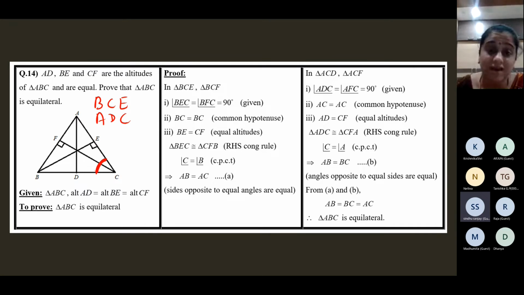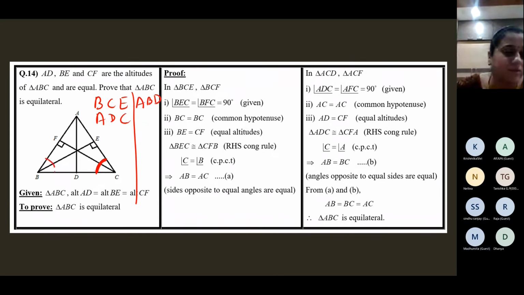Yes, ma'am. Yeah, it's also in triangle ADC. Where is angle B? Angle C is in these two triangles. Where is angle B? In triangle ABD. ABD, we have this one.